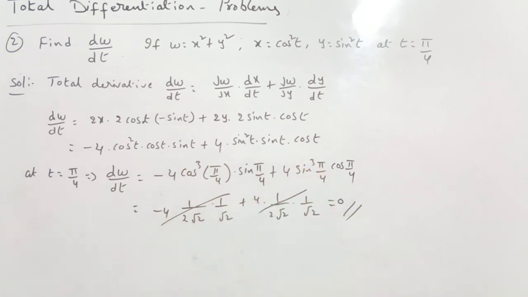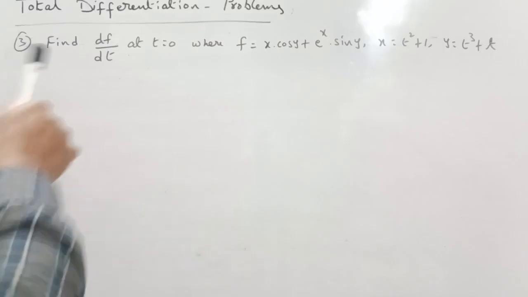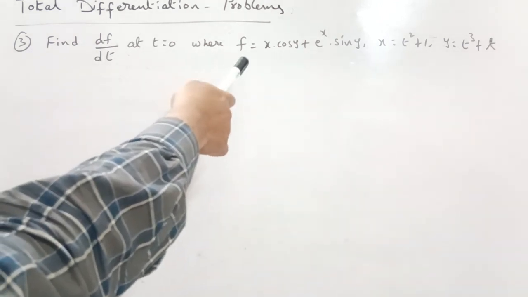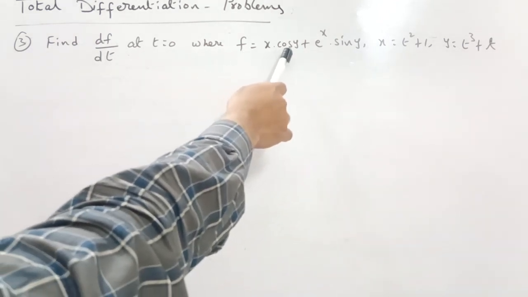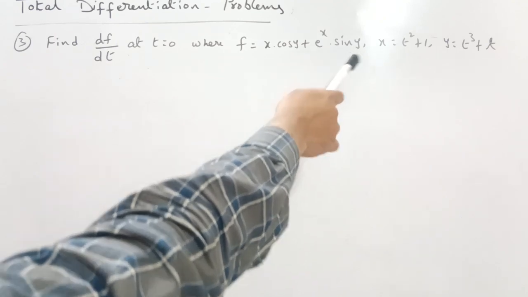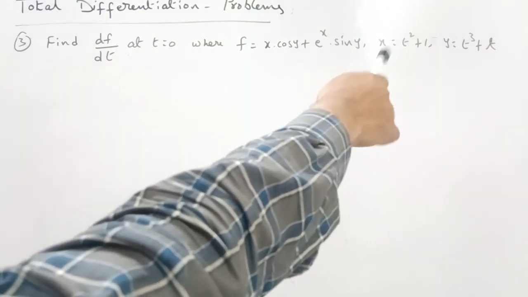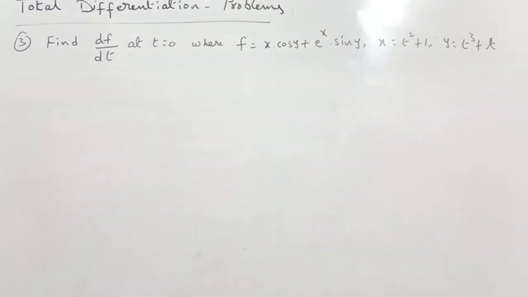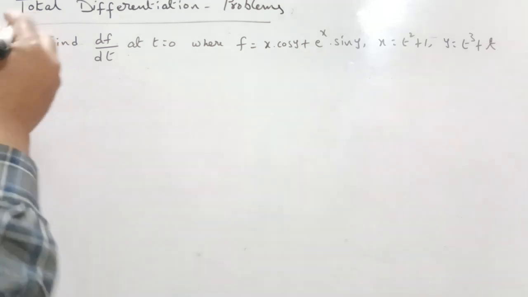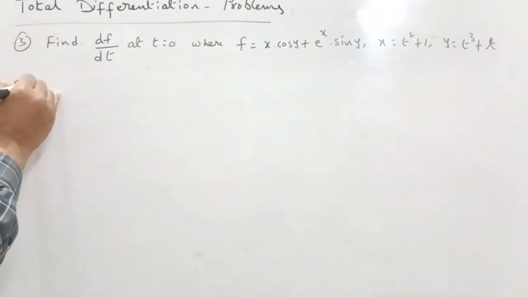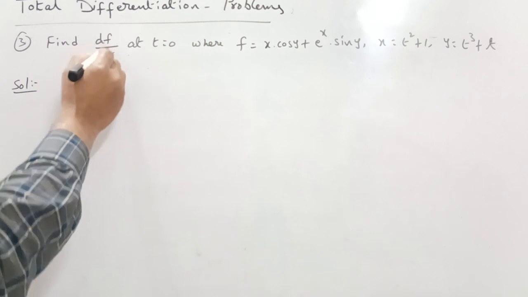Understand? So next problem. Find df by dt at t is equal to 0, where f is equal to x cos y plus e power x sin y, x is equal to t square plus 1, y is equal to t cube plus t. Now see here, we have to find df by dt, correct?